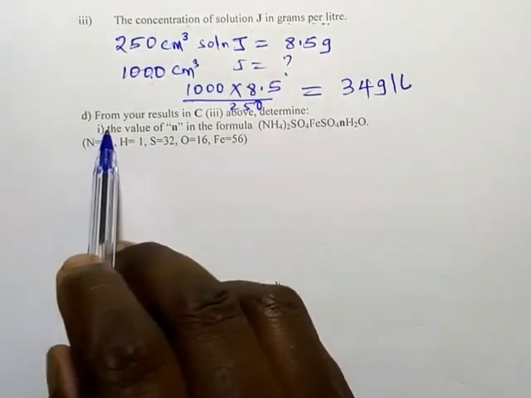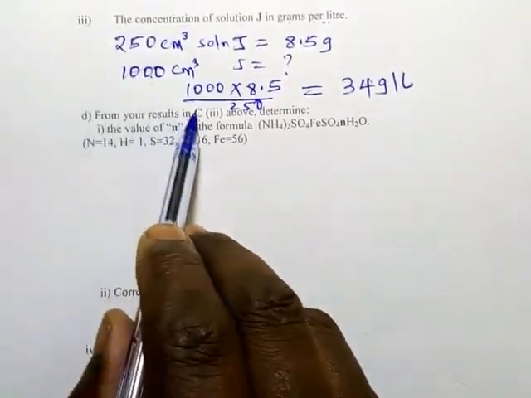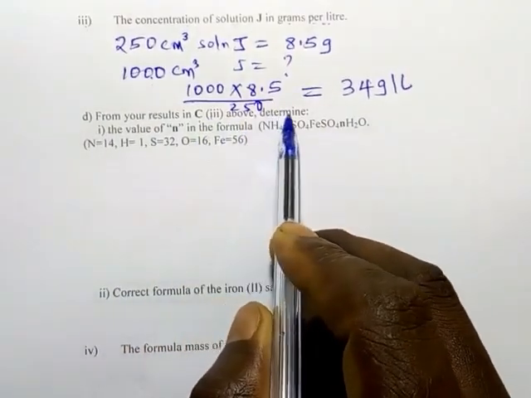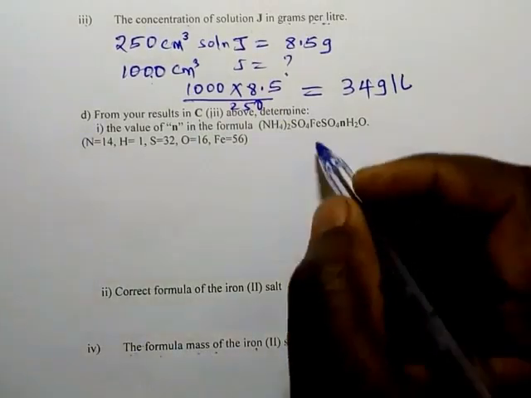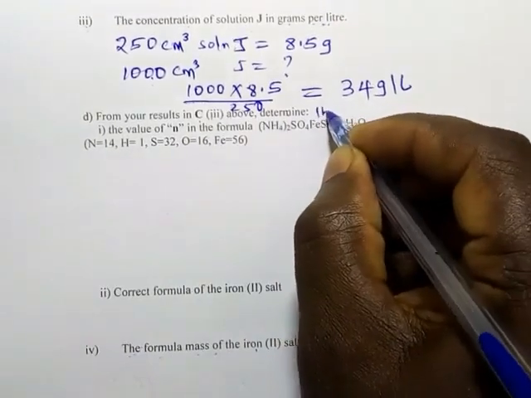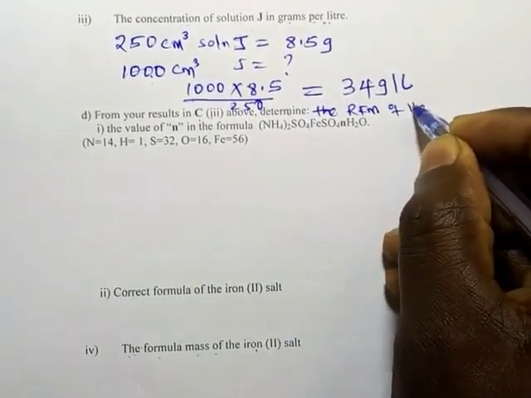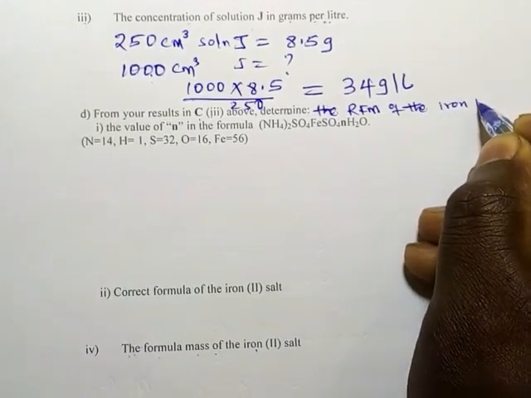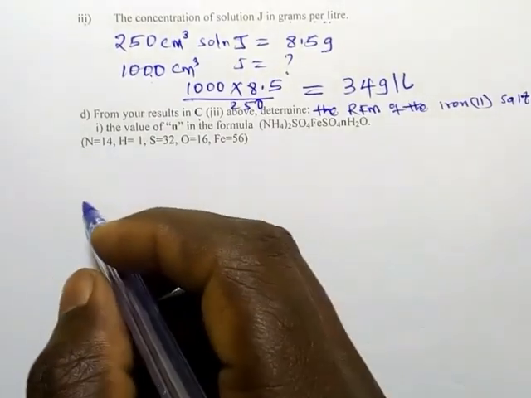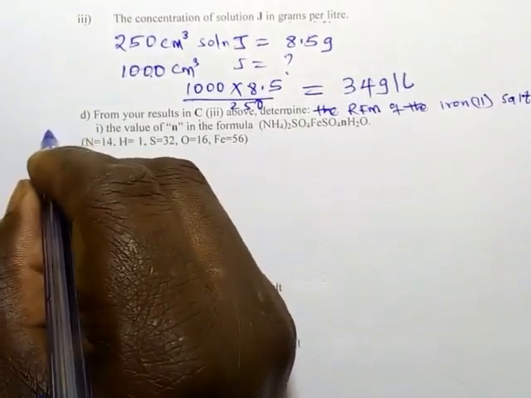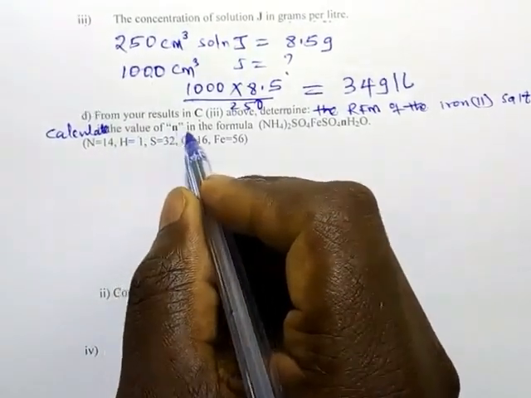Next question. From the result in 3C, Roman 3 above, determine the formula mass, the RFM, of the iron 2 salt, hence calculate the value of N in the formula.